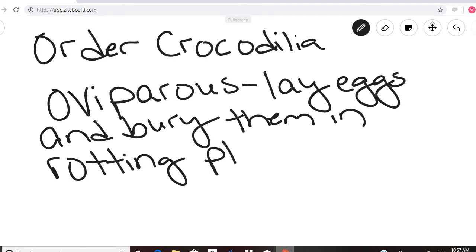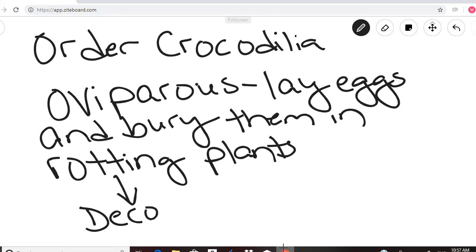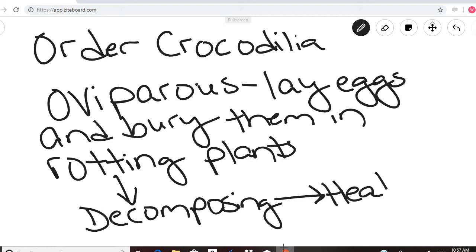And then as those plants are decomposing, that produces heat. So the mother alligator or the father does not need to attend to the eggs because the decomposing plants produce heat so that they can develop.